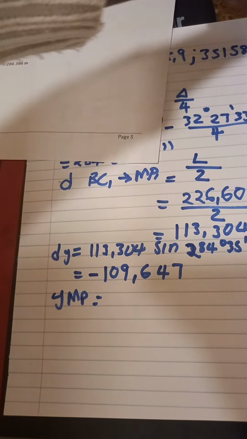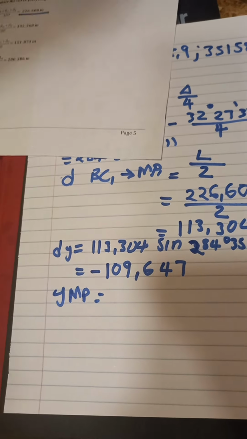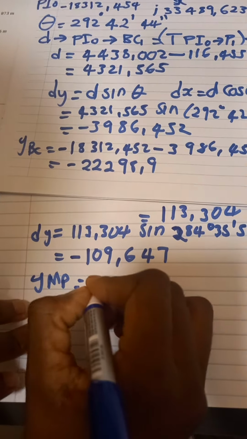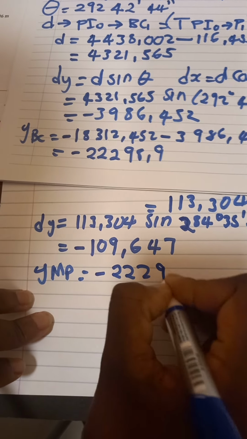of BC. Remember your y coordinate at BC is negative 22298.9.